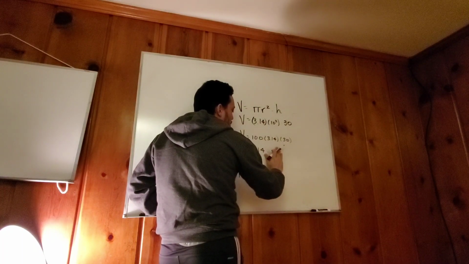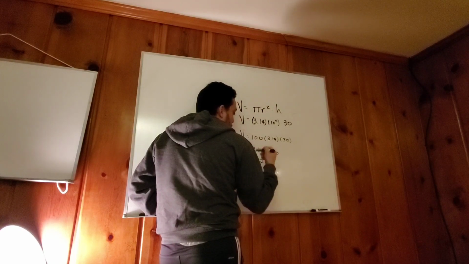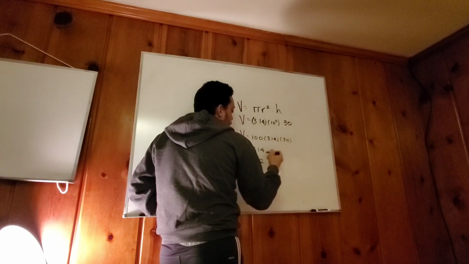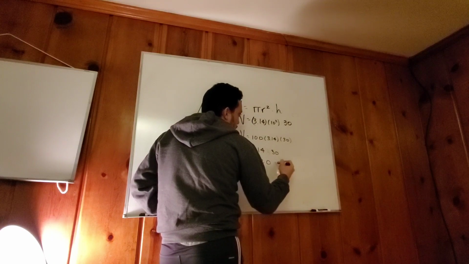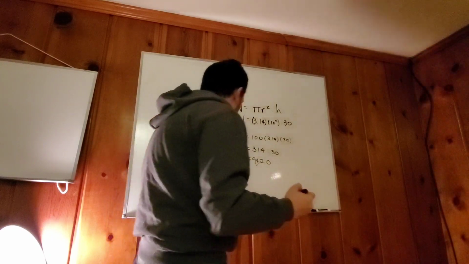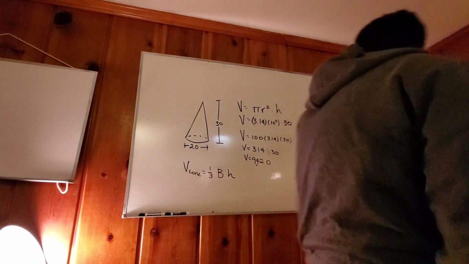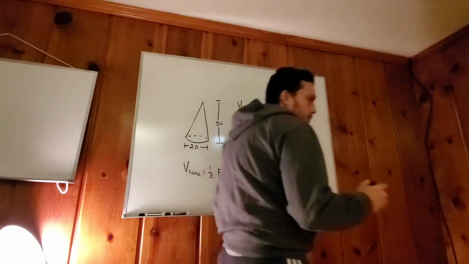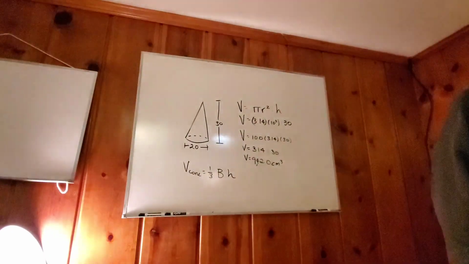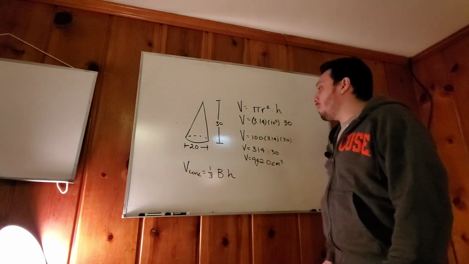Oh, we're just going to multiply times 3 and then add a 0 at the end. 3 times 4 is going to be 12. And a 1 goes up. 1 times 3 is 3 plus 1 is going to be 4. And 3 times 3 is going to be 9. And it's going to be in what? In inches? Centimeters as well. Cubed. 9,420 centimeters cubed.